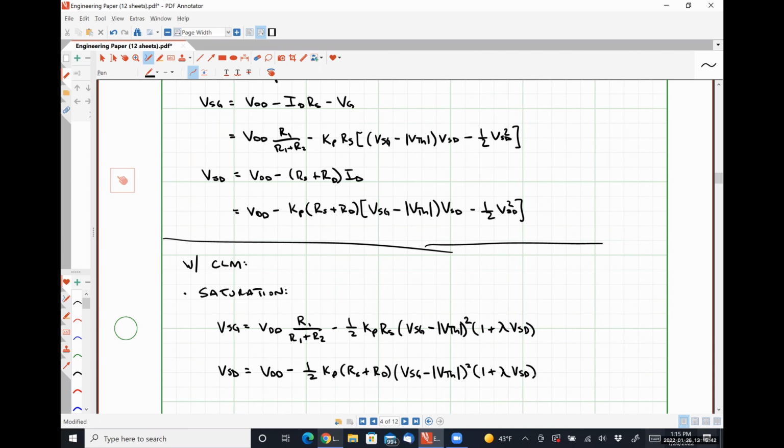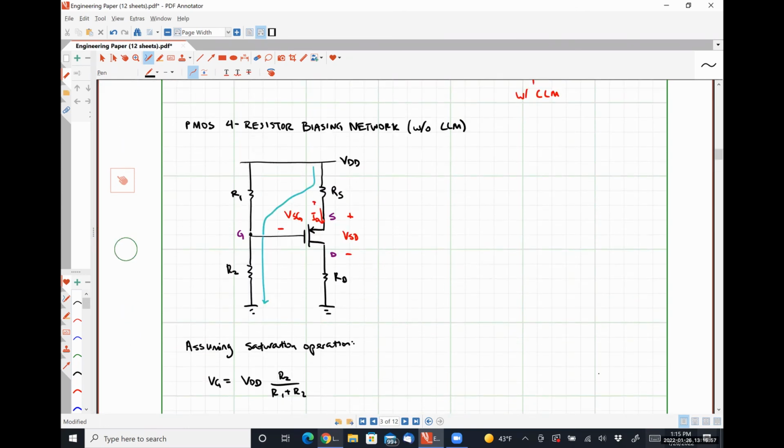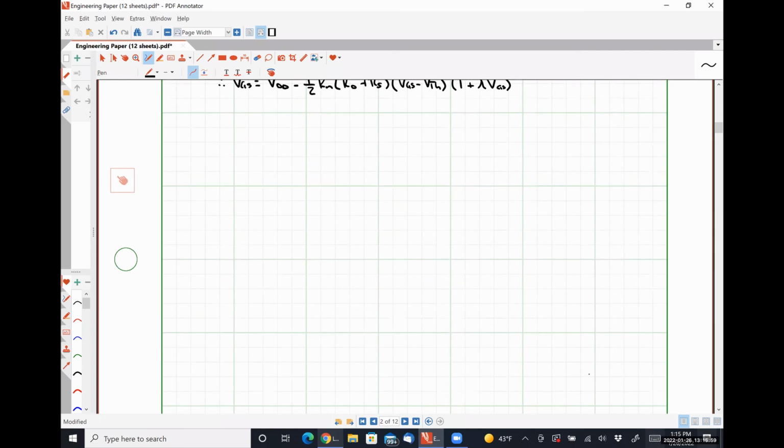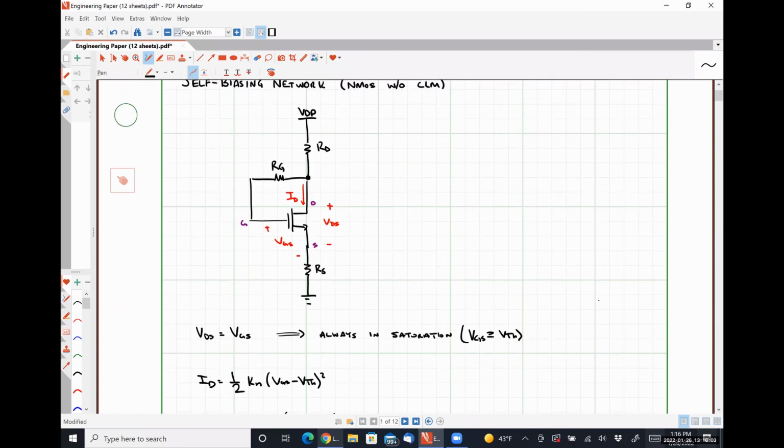All right. So there is a self-biasing network for PMOS transistors. If we go to our self-biasing network schematic diagram, there's really not a whole lot of difference.